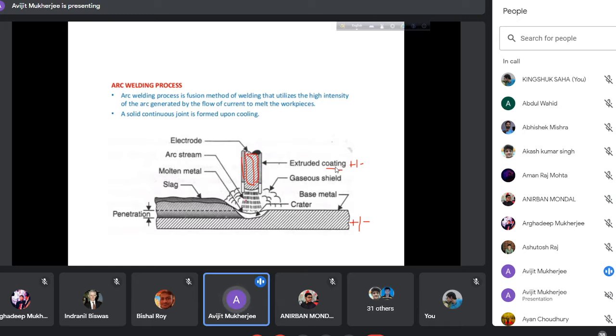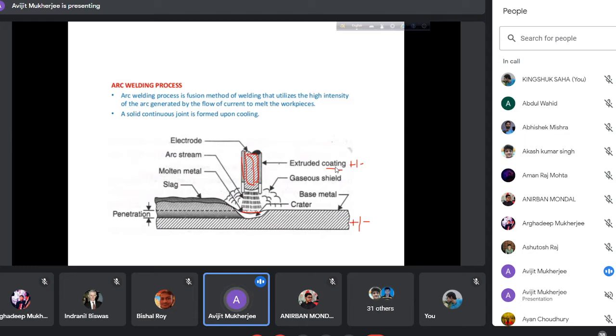How is the arc established? We had discussed the electron theory and the rectification theory. Due to this arcing, a tremendous amount of heat is generated, and by a digging action the metal will be melted and a crater will be created. Molten metal will be deposited.